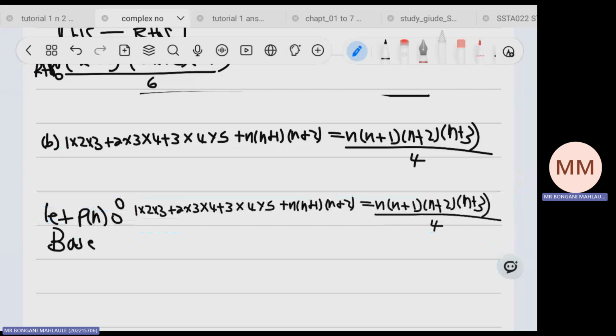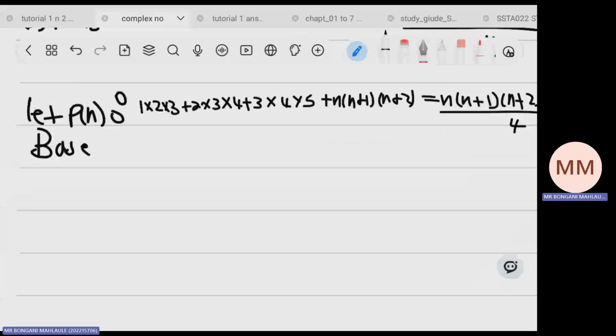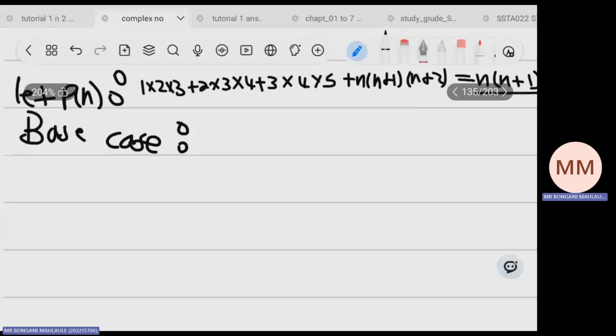So now from here, we're going to check for the base case. For the first term, we can see that the left hand side is equal to this.